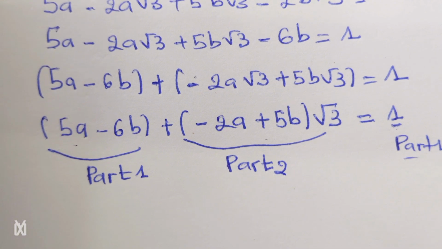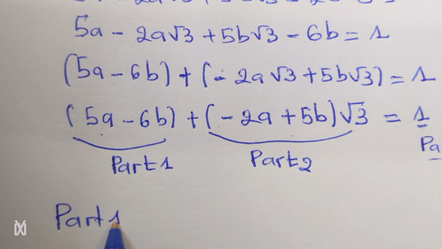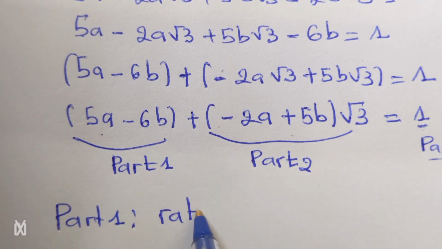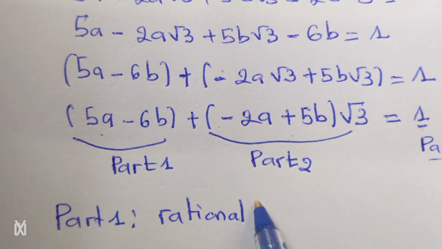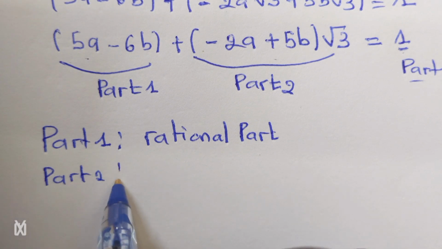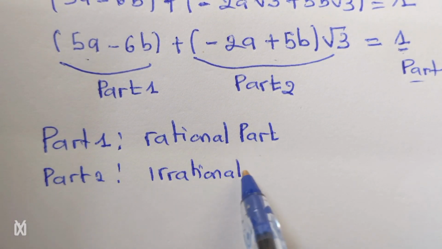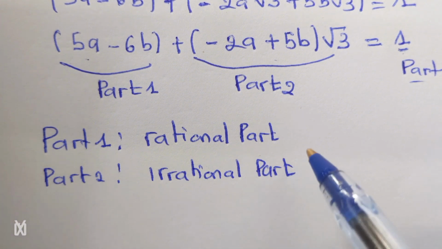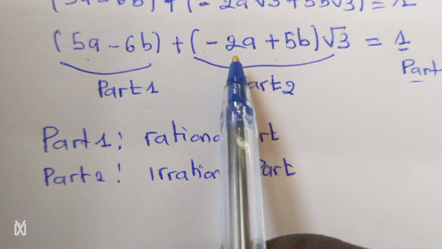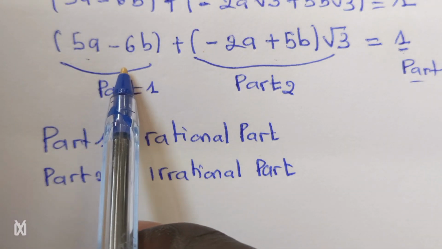Why do we say part 1, part 2? Part 1 is called the rational part, then part 2 will be called the irrational part. When we say irrational part, these are numbers which include the square root, but the rational one does not include a square root.